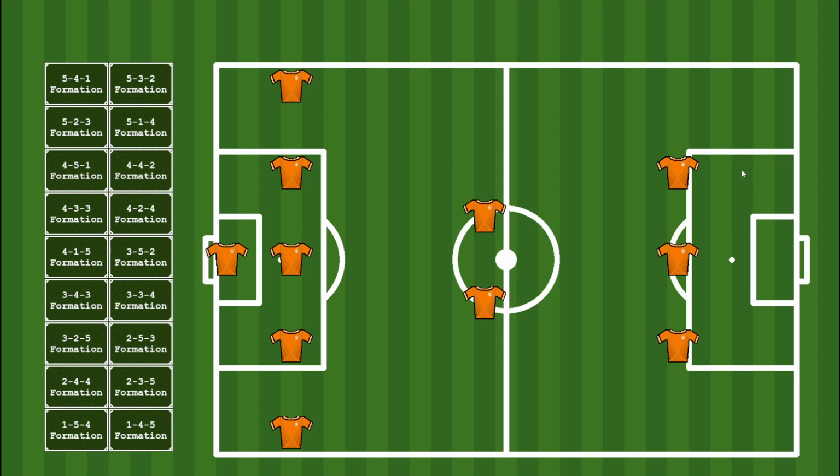Especially if the opponent has players in areas where the player has no players. But on the other hand, if the opponent has a lot of defenders here and a lot of midfielders, it means they don't have that many attackers, and that means that on this part of the field the player would be much stronger than the opponent.